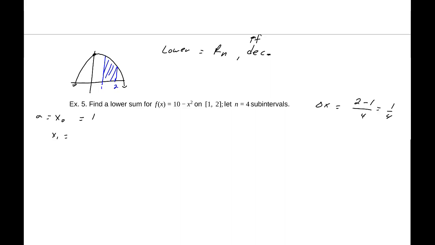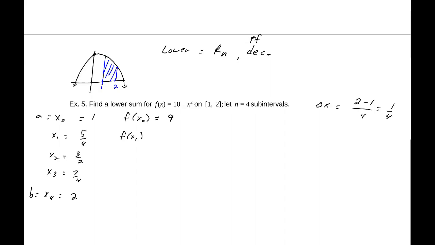So x1 is going to be 5/4. x2 is 6/4 or 3/2. 7/4 for x3. And that'd be 8/4 or 2, and that is our b value. Now our function values, 10 minus x squared, so the first is 9.